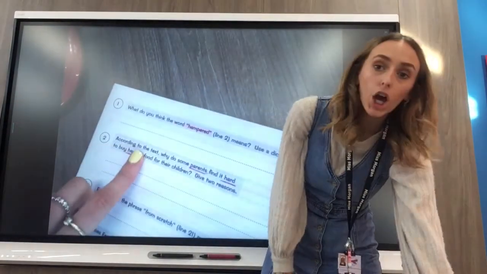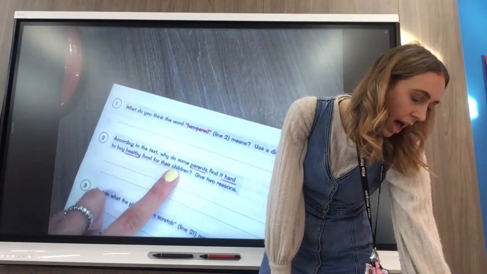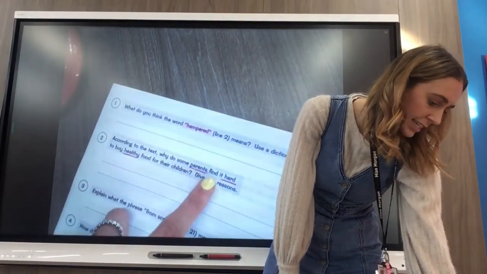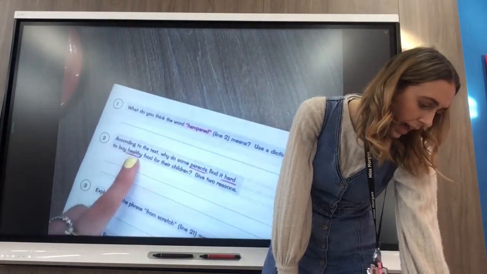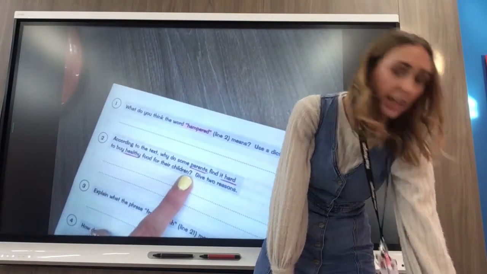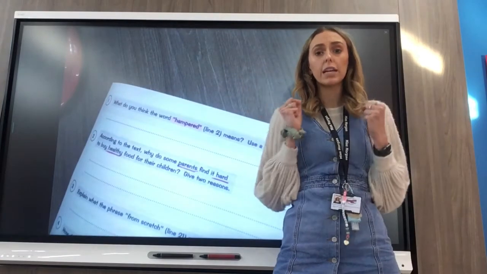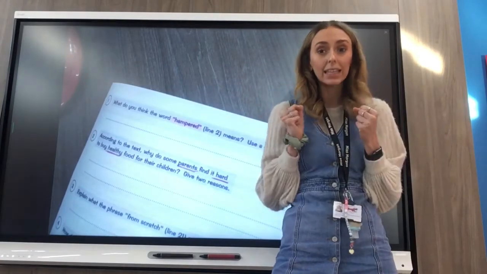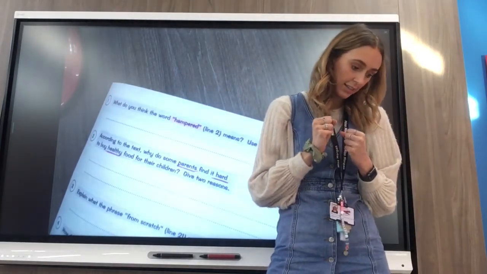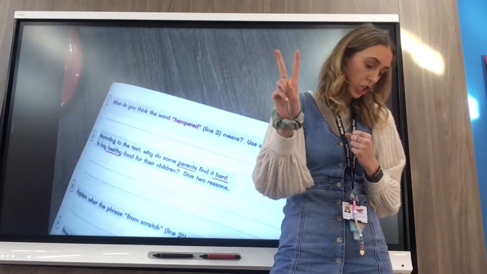Number 2, according to the text, why do some parents find it hard to buy healthy food for their children? Give 2 reasons. So this is a retrieval. We've got to retrieve our answer from the text, and not just one reason, we need 2.